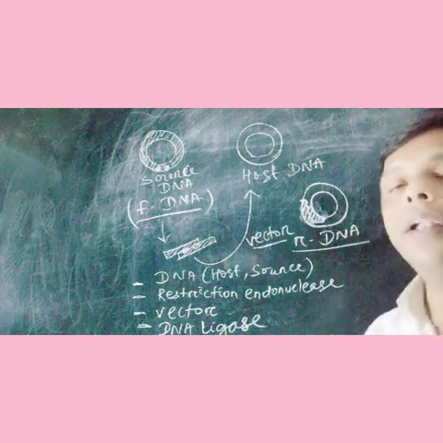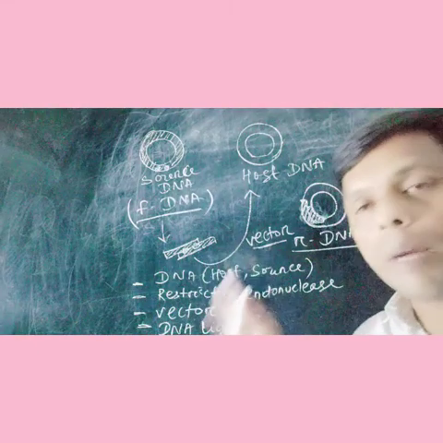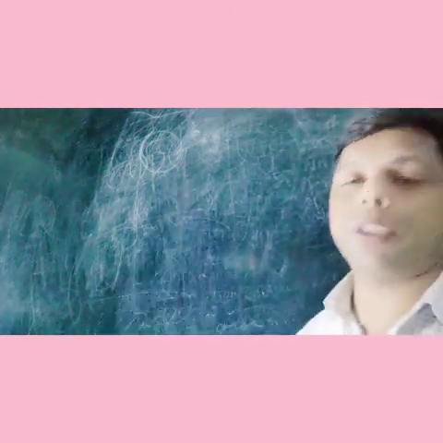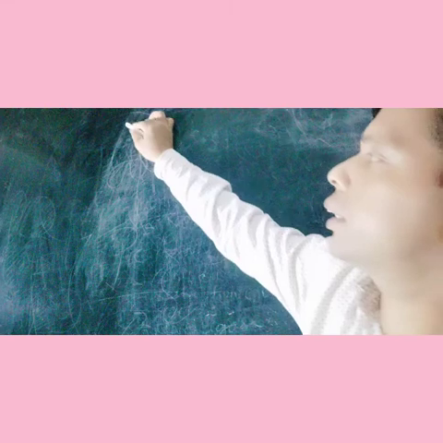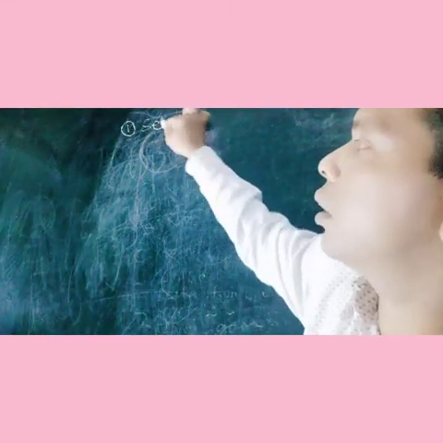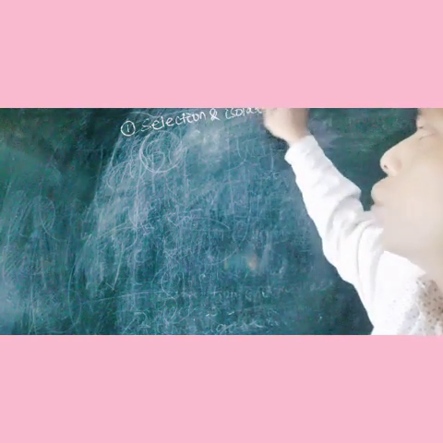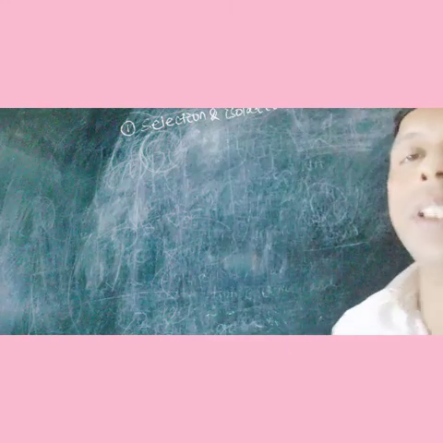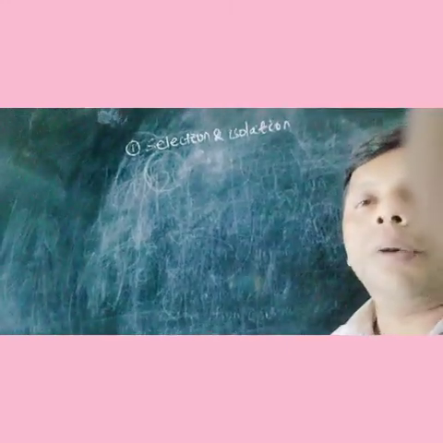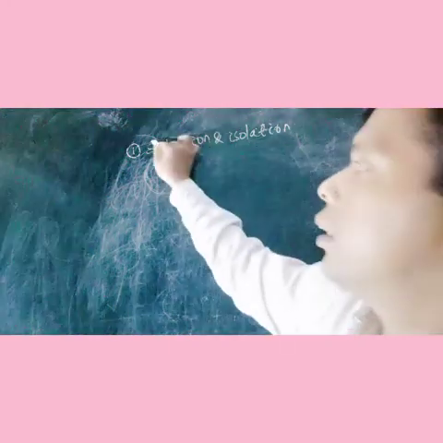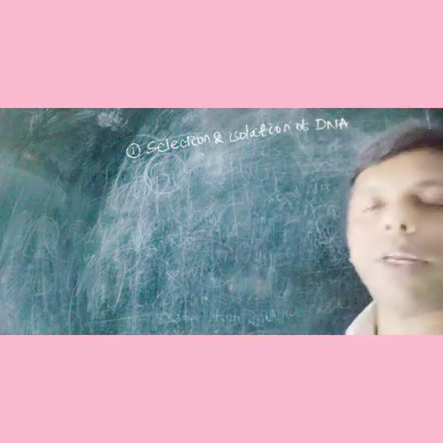Then let's discuss the different steps involved in the process of recombinant DNA. The first step is selection and isolation of DNA, which is essential.